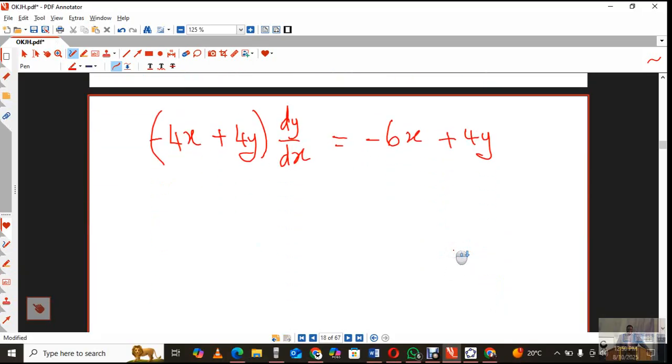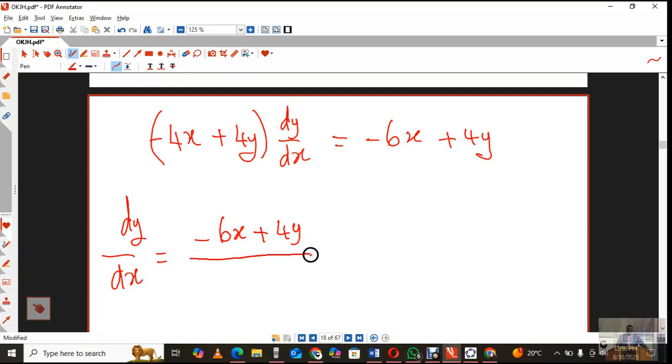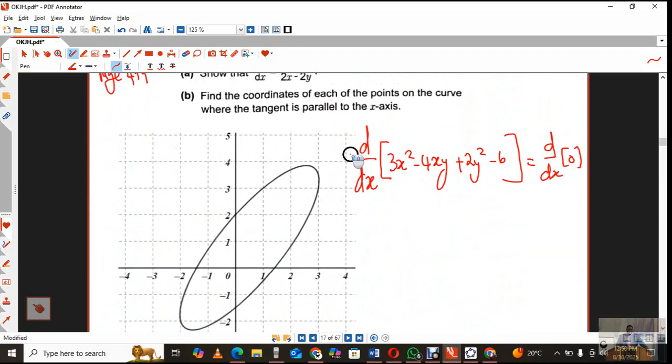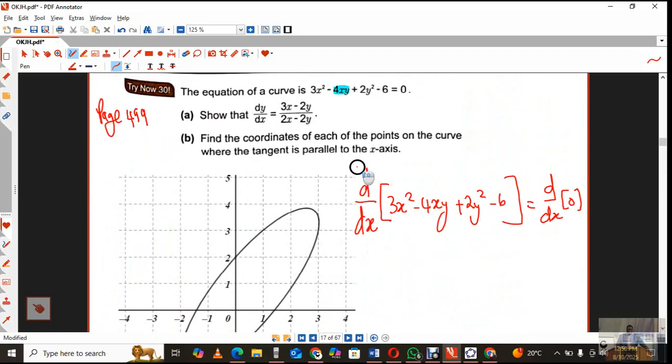Then dy dx, therefore, is equal to minus 6x plus 4y all over minus 4x plus 4y. Okay, so as far as I'm concerned there, I'm done, but it's not looking like the one.